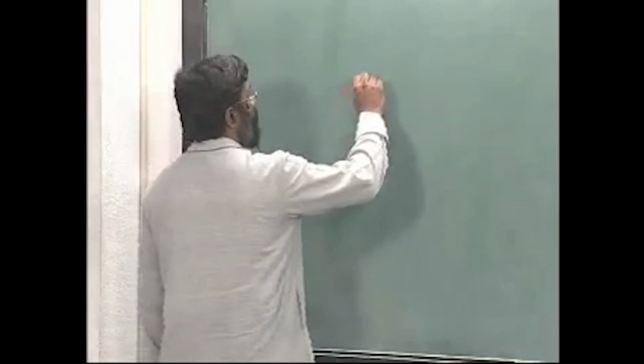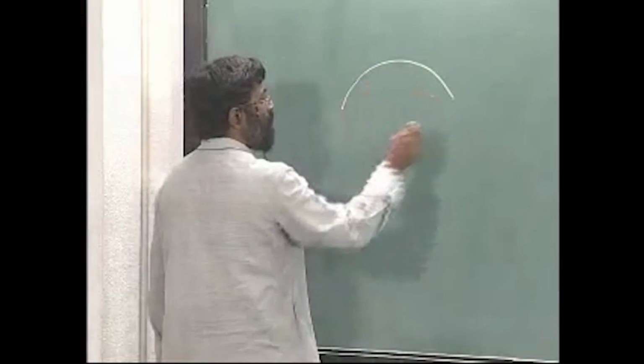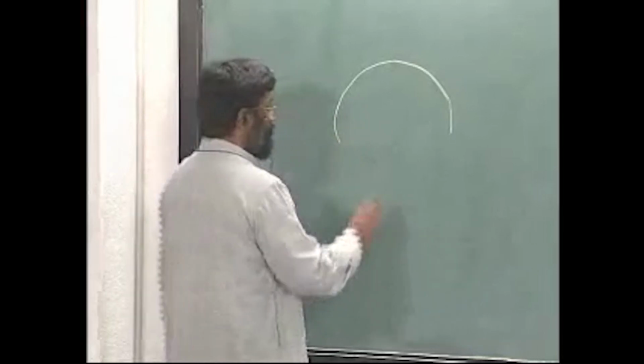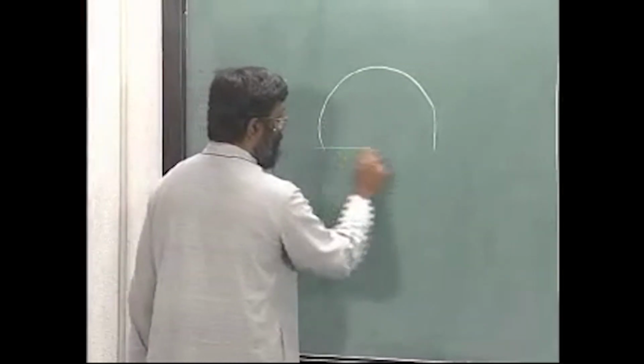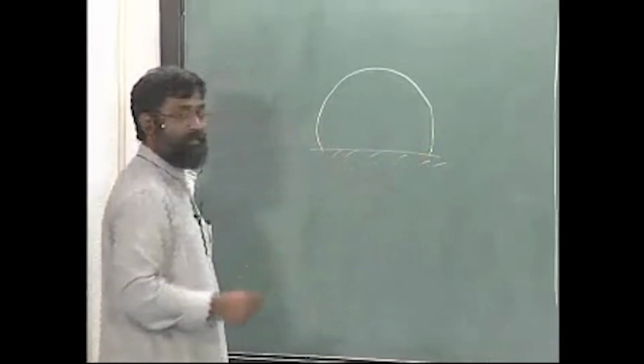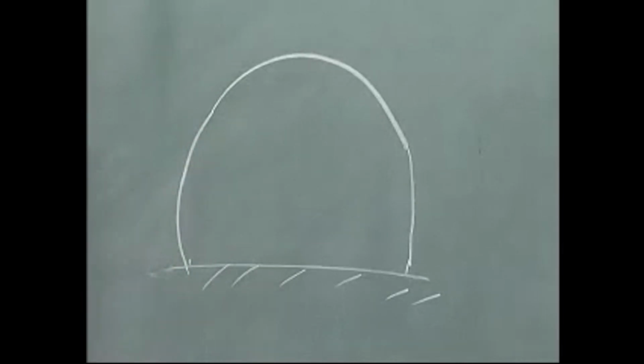Now, what we want to do is, given a surface which is, let us assume, circular in nature. So, I am just going to draw a little bit of it and fix it. This is so that it is easier for us to understand that it is not rotating. Okay.